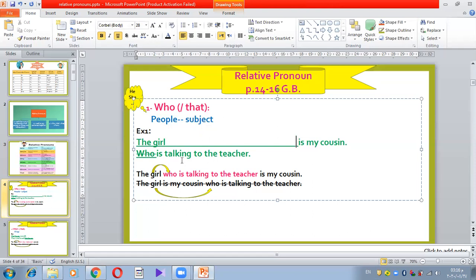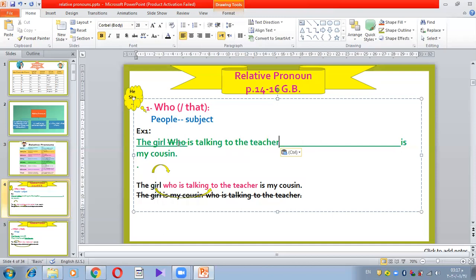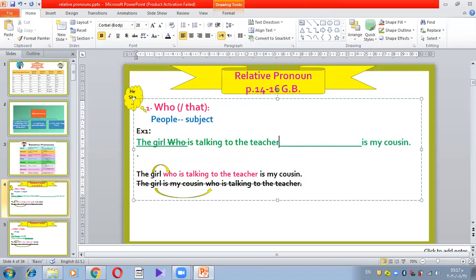And then we are going to take the second part, which is who is talking to the teacher, and put it after the girl. So the sentence is going to be like this. The girl who is talking to the teacher is my cousin.